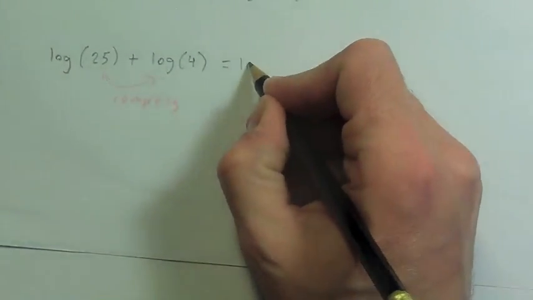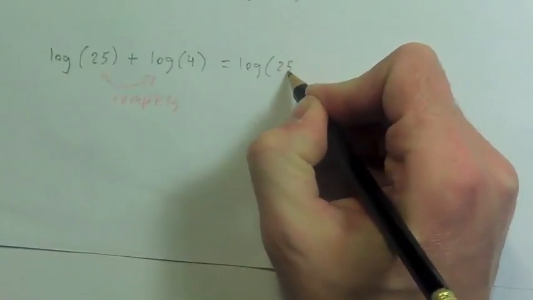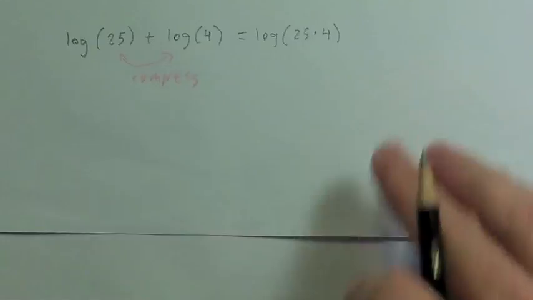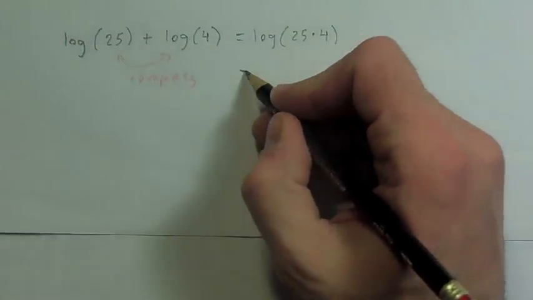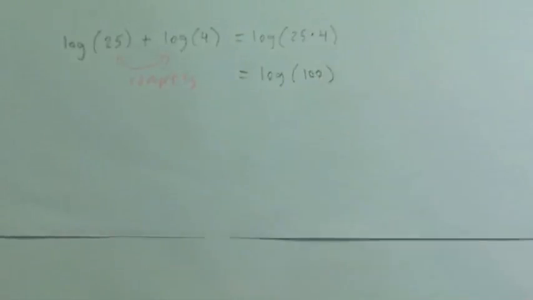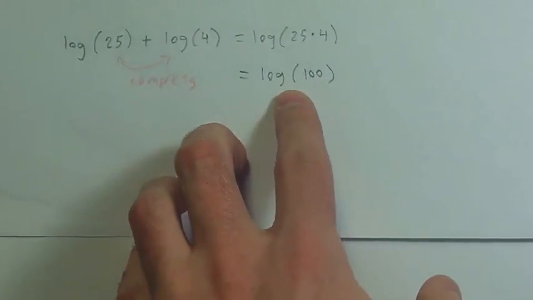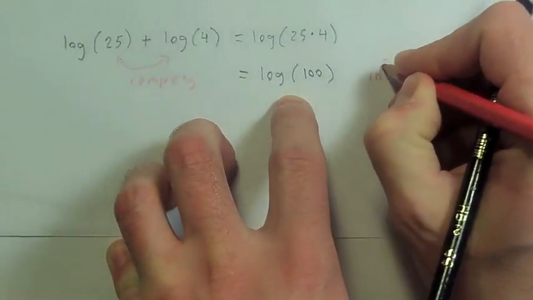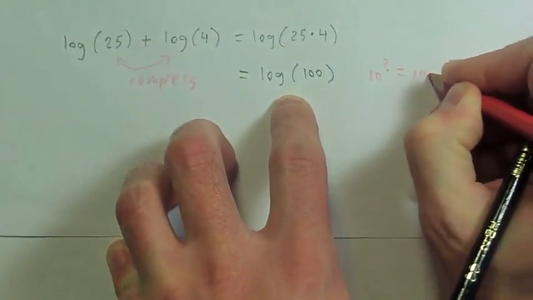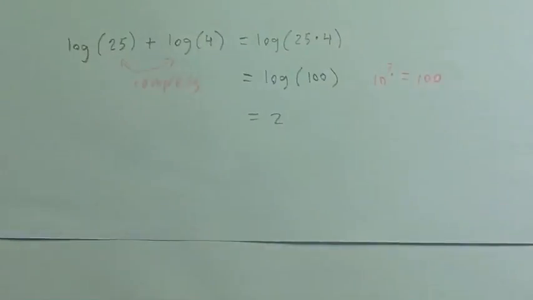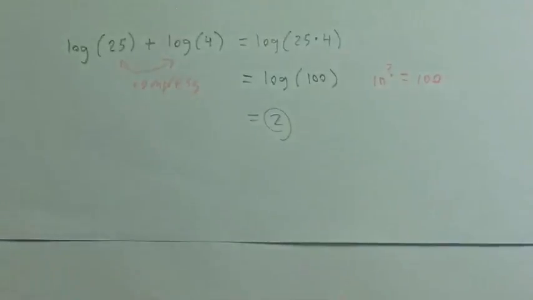So I'll get log of 25 times 4, which going the other way is log of 100. And log without a base written is always base 10, so this is asking 10 to what power is 100. I think we've seen that enough times now to know that this comes out to just be 2. Alright, and there we go.